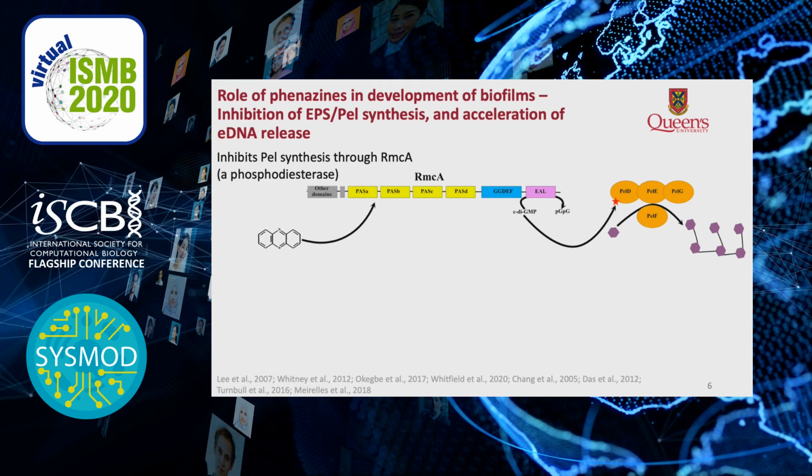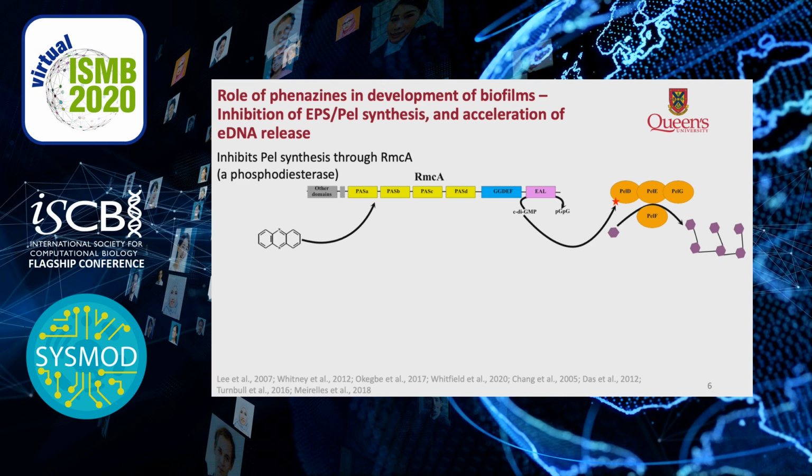Pyocyanin is known to bind and activate RmcA, which is a phosphodiesterase and is involved in the degradation of c-di-GMP. c-di-GMP can allosterically bind and activate PelD enzyme, which is required for PEL polysaccharide biosynthesis. This suggests potential role of pyocyanin in inhibition of PEL synthesis.